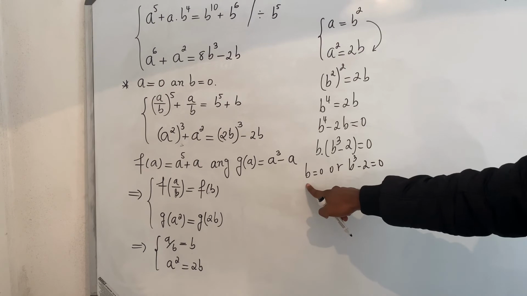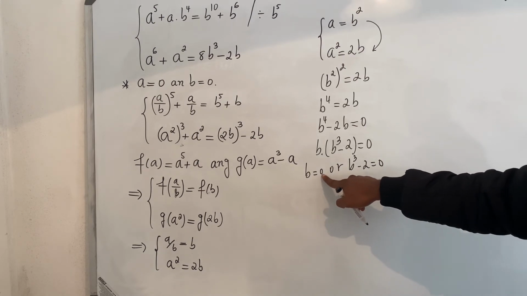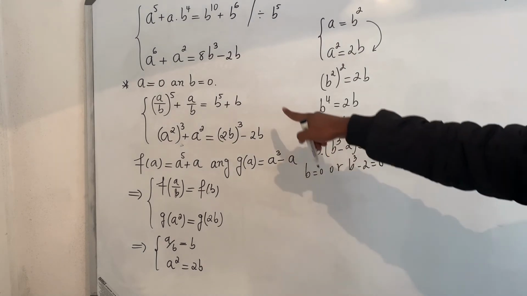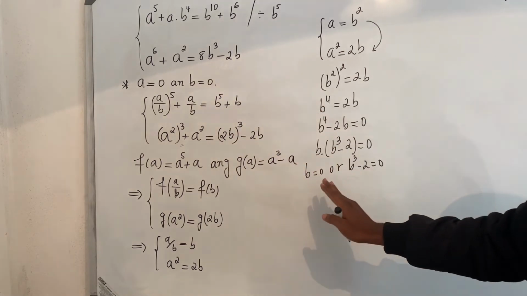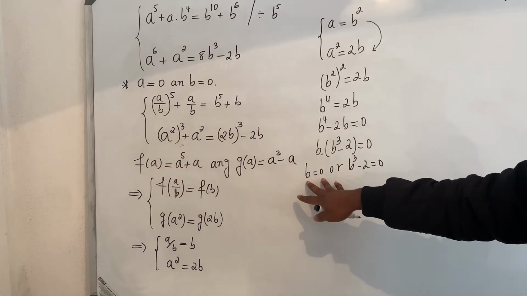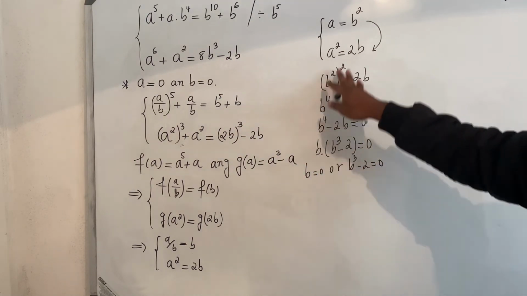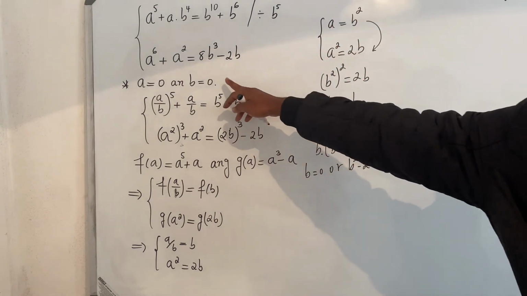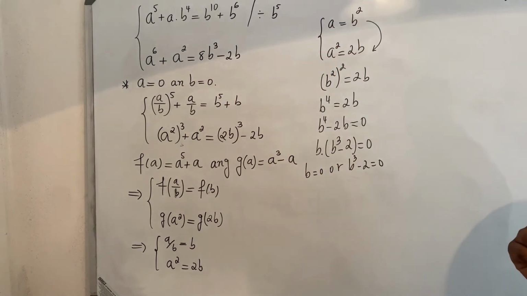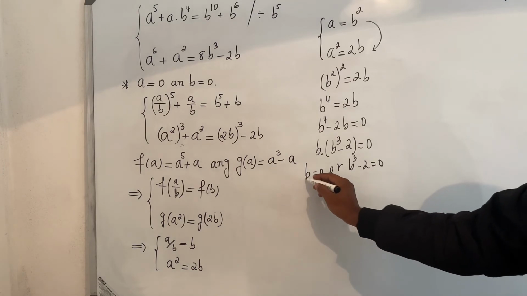But remember, I don't want the solution b equal to 0 because I already found it by looking, though it's not a problem. If b is 0, then a is 0, which is exactly the solution we got earlier.